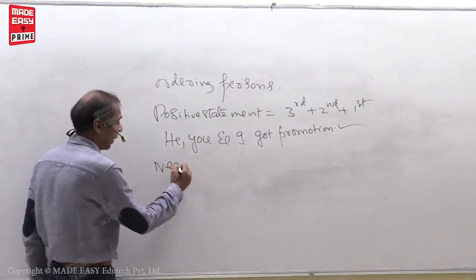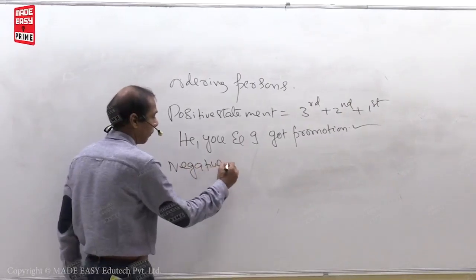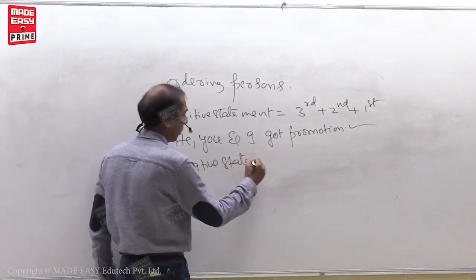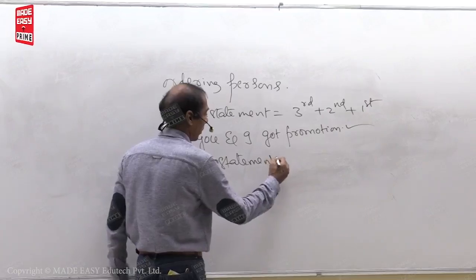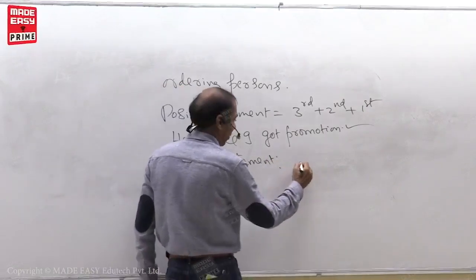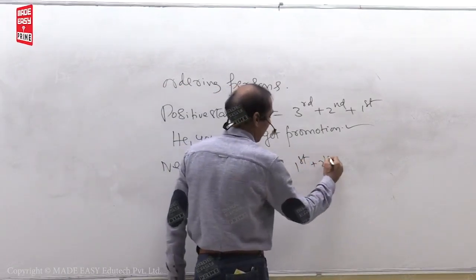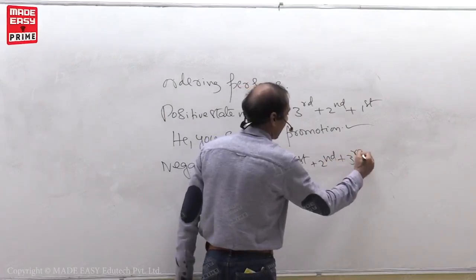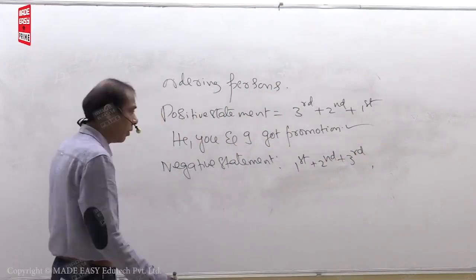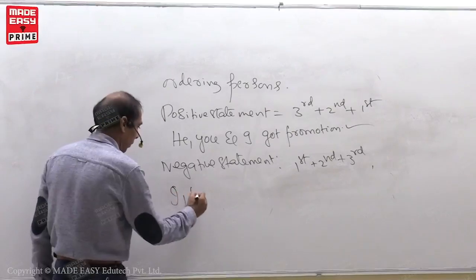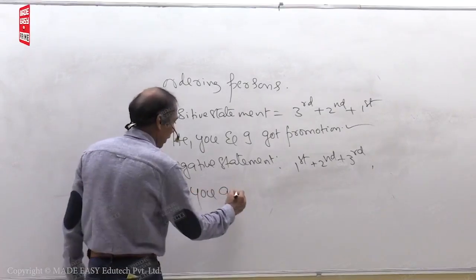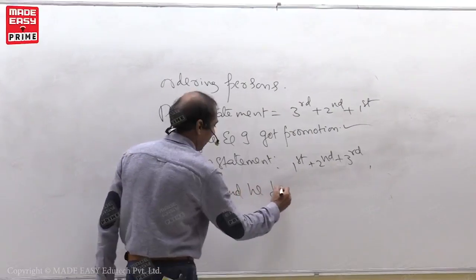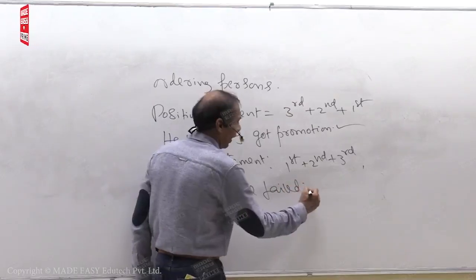Okay? In the case of negative statement, first person plus, second person plus, third person. For example, I, you, and he failed in the interview.